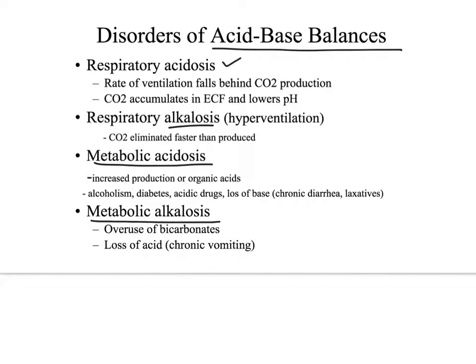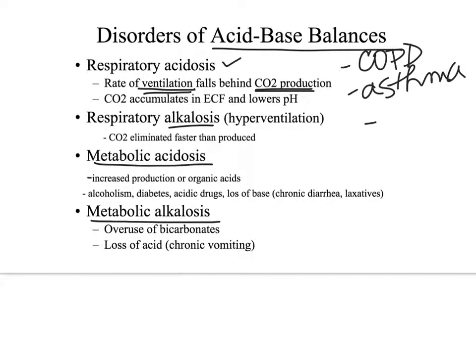So what happens typically is the rate of ventilation falls behind the amount of carbon dioxide that we're producing. So things that can influence the rate of ventilation, you guys could think about this. So maybe what's going to affect the removal of carbon dioxide from the blood. So things like COPD, asthma. It could be something with the heart, like congestive heart failure.